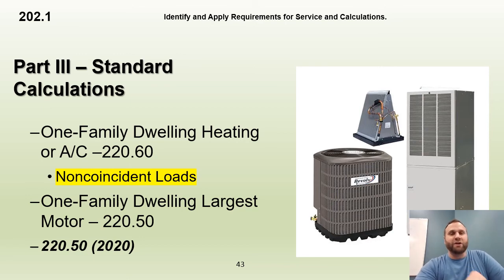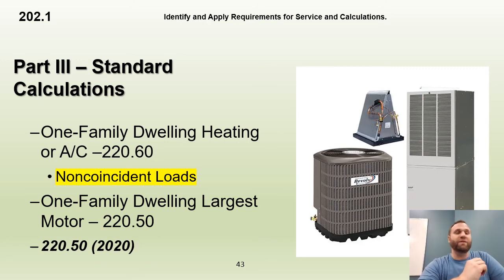Yet, after I've checked it to see if it's the largest motor, and I increased it by another 25%, and it's still smaller than the electric heat, I'm still permitted to omit that air conditioner from my service calculation, and now I'm required, according to 220.50 and 430.24, to apply that increased 25% to the next largest motor in line.